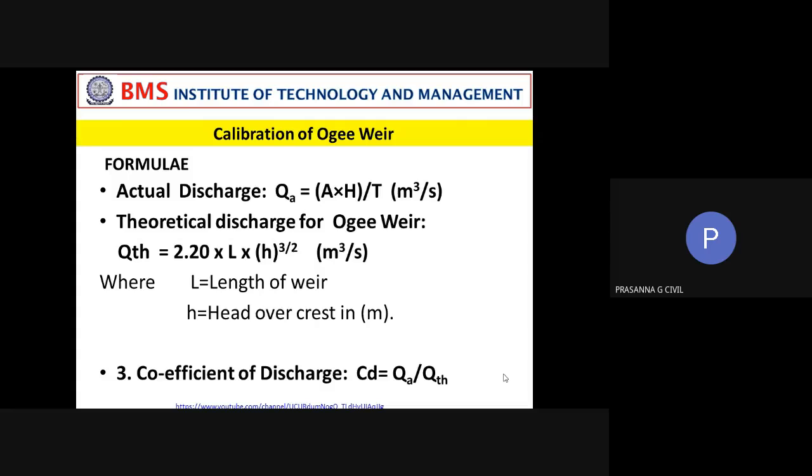The theoretical discharge is calculated using the expression 2.2 into L into H raised to 3 by 2, where L is the length of the Ogilvy and H is the head over the crest of the Ogilvy. And the coefficient of discharge CD is calculated as Q actual divided by Q theoretical.